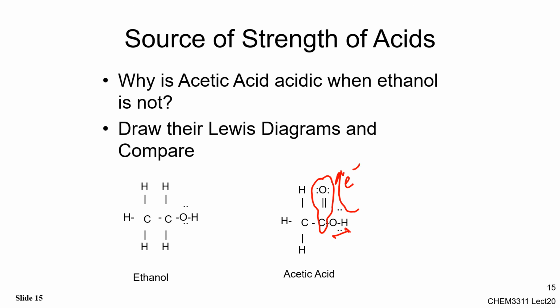So that weakens the bond. That makes that proton much easier to remove. It's already got a fairly weak, highly polarized bond because oxygen is 3.5 on the electronegativity scale, and hydrogen is 2.1.